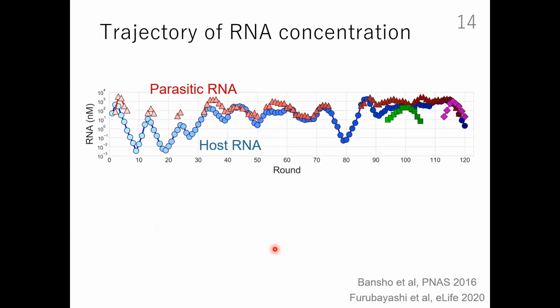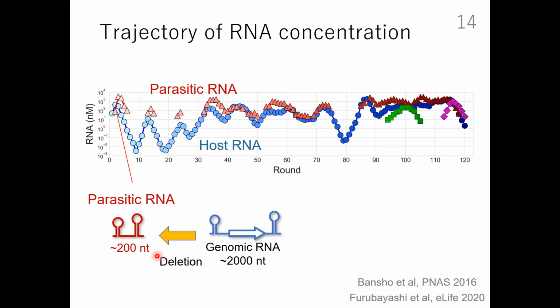So here I show you a trajectory of RNA concentrations of a long-term serial dilution cycle. You see the genomic RNA concentration is shown in the blue line, and you see that at the first stage, parasitic RNA, the red marker and the red line, appeared soon. It's a very small RNA, about 200 nucleotides, and it's produced from genomic RNA by deleting the internal replicase gene, probably through RNA recombination.